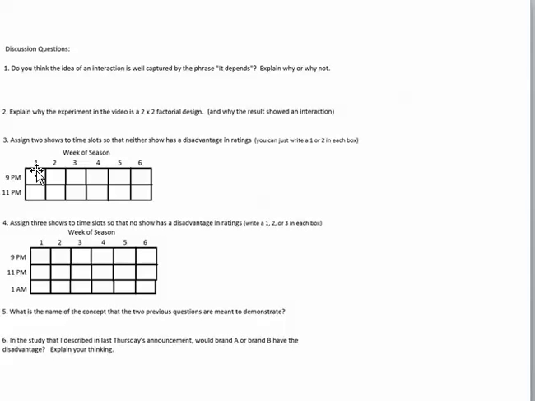So if you put a 1 here and a 2 here, that means that during week 1, the first show is at 9 p.m. and the second show is at 11 p.m. If you flip it around in week 2 and put a 2 here and a 1 here, it means that the shows are reversed, and show 2 is at 9 p.m. and show 1 is at 11 p.m. So I'm asking you to try to do this in a way so that neither show has a disadvantage in the ratings across the entire season.